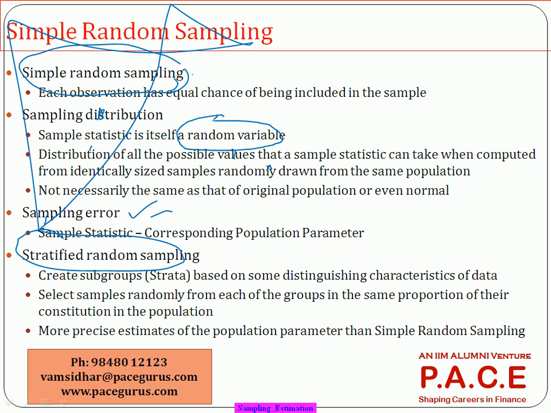Correct? So whatever the sample value is, the sample mean minus the population mean, we call it a sampling error. And the sampling distribution tells me how my mean is going to change. 165, 160, 170, 180.